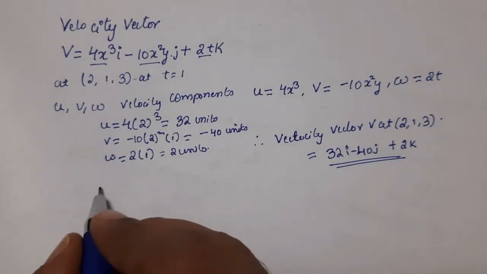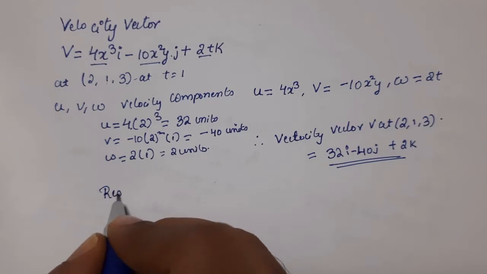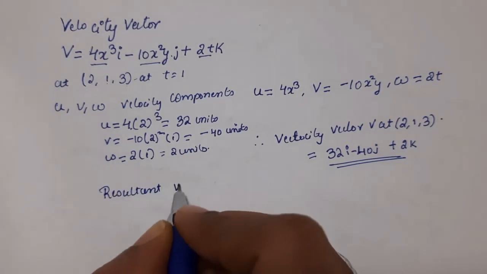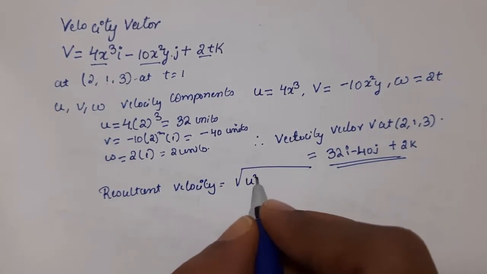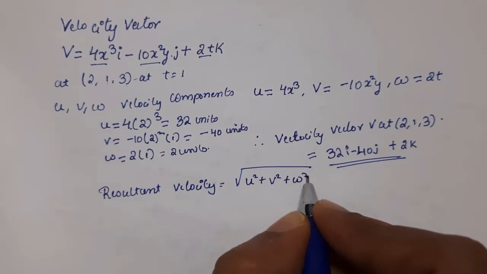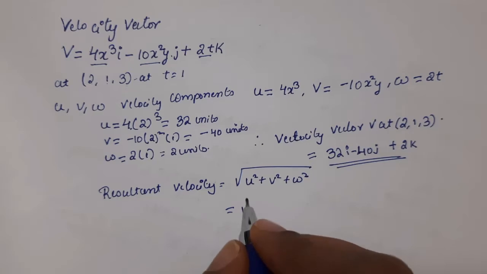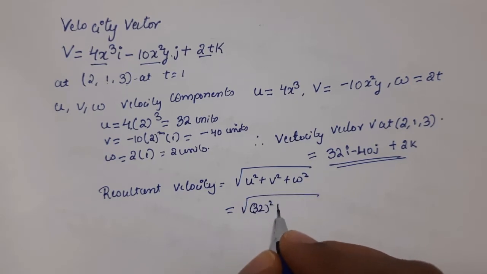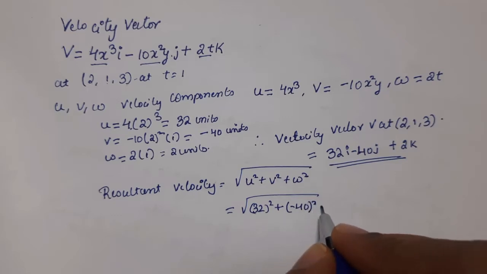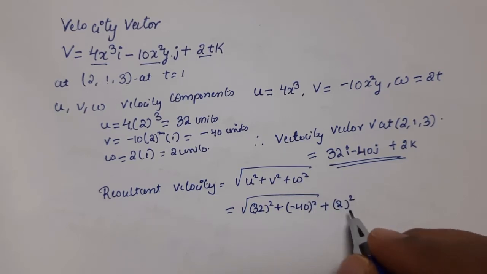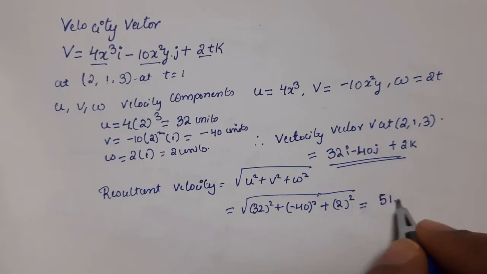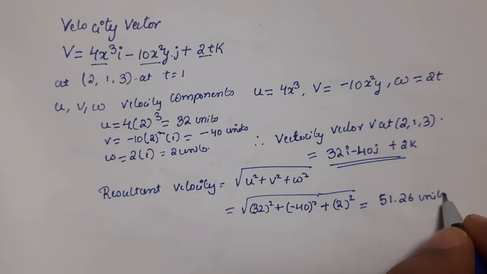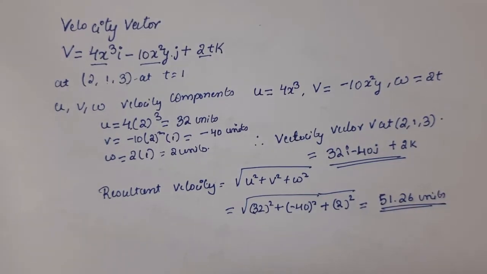Now to find out the resultant velocity, it is nothing but root of u square plus v square plus w square. So that can be written as 32 the whole square plus (−40) the whole square plus 2 square. By calculating these, we get 51.26 units. Okay, so this is the velocity.